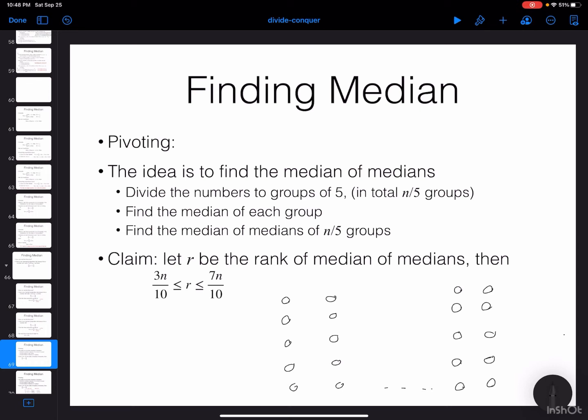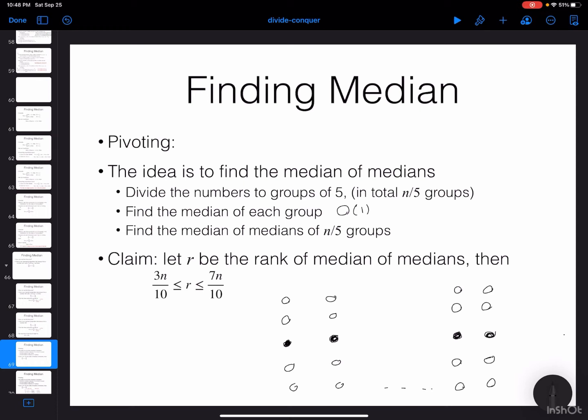Then find the median in each group. Let's just assume that we found the median in each group, and I'm going to put it in between. Finding the median in each of these groups of 5 is going to take constant time, right? It's going to be O of 1, because if you have just 5 items, finding the median is constant.